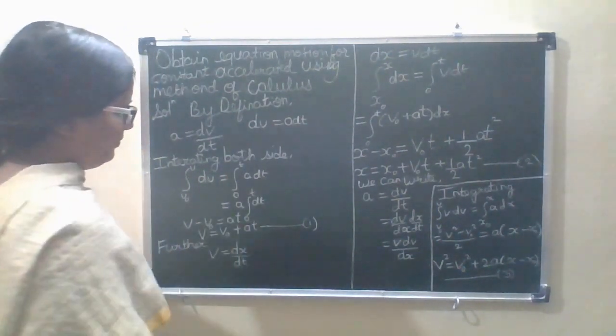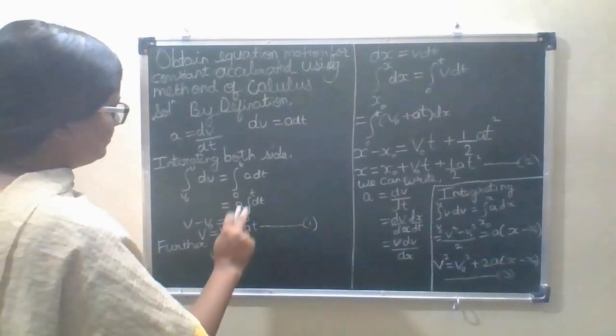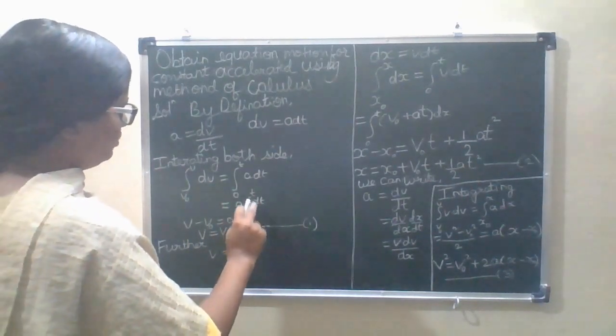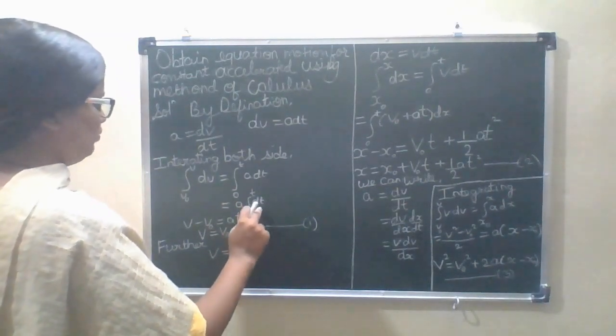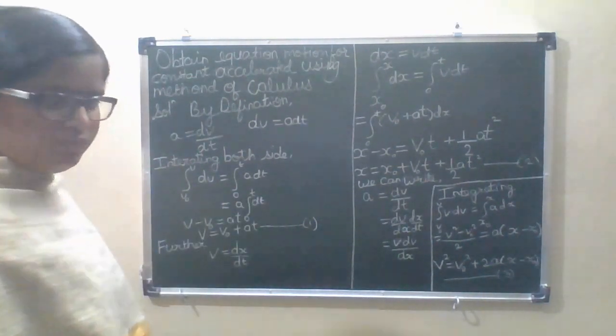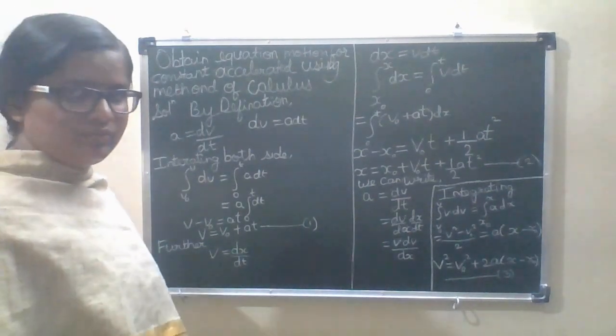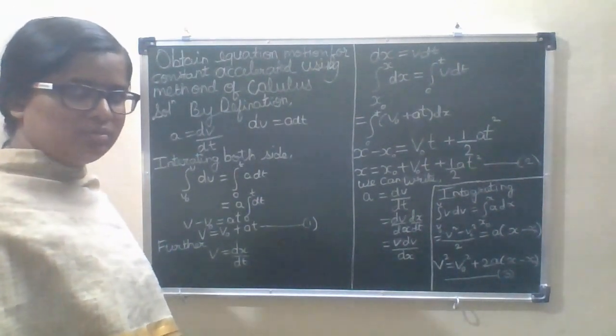But we know that v minus v0 is equal to at.